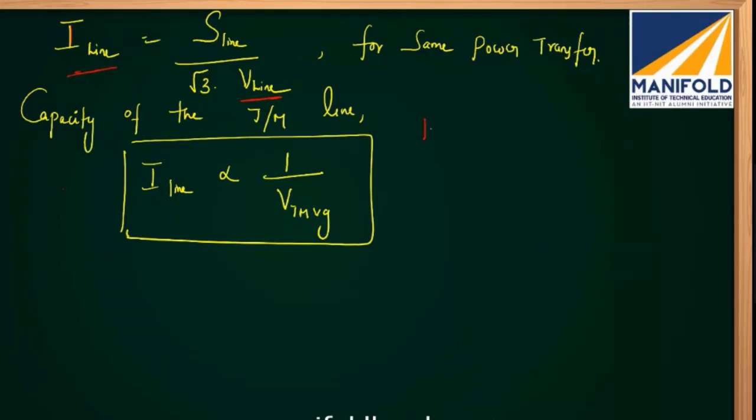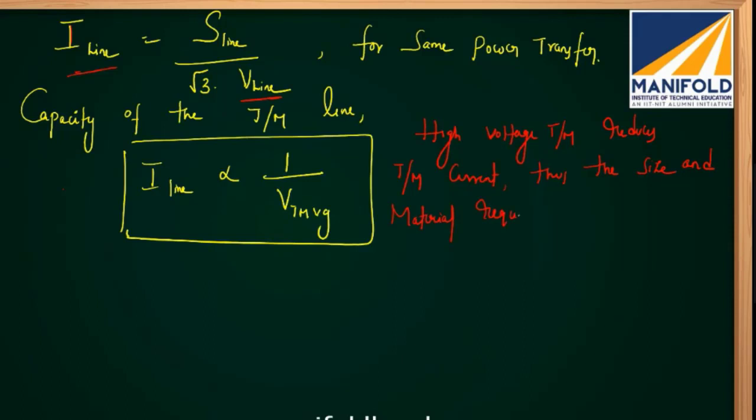So high voltage transmission reduces transmission current, thus the size and the material required for the conductor is reduced.